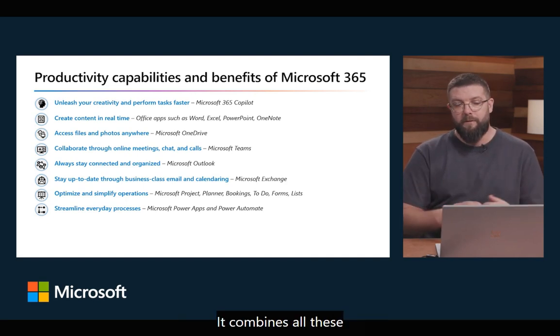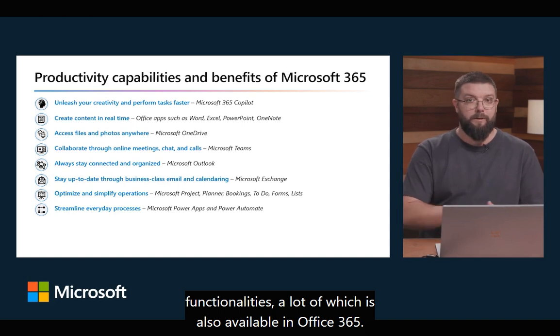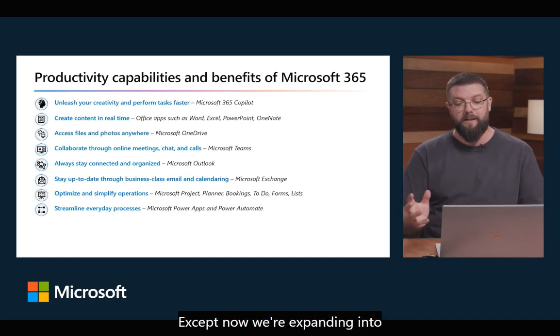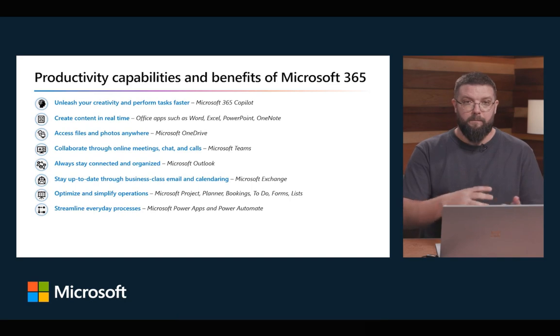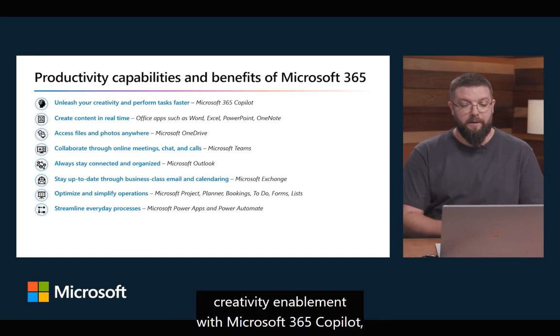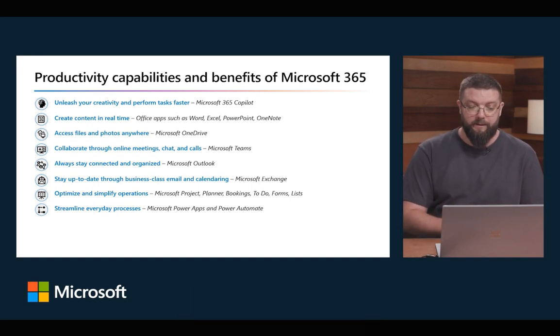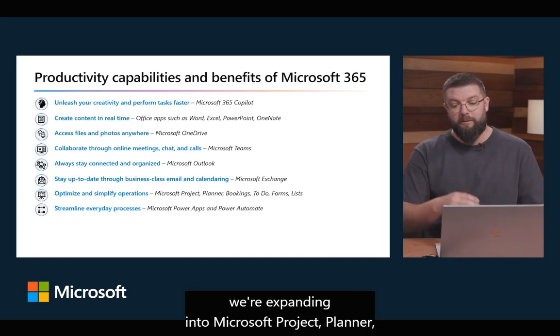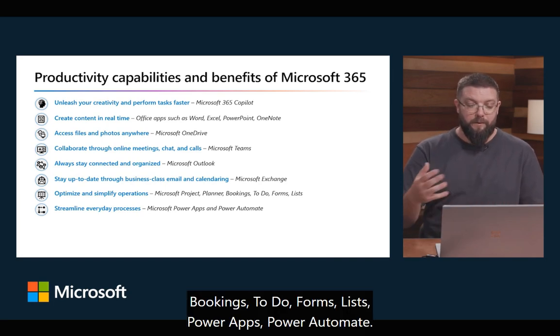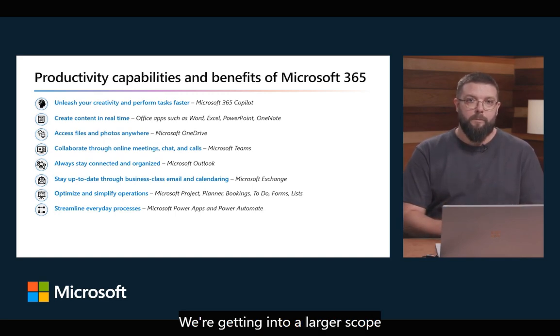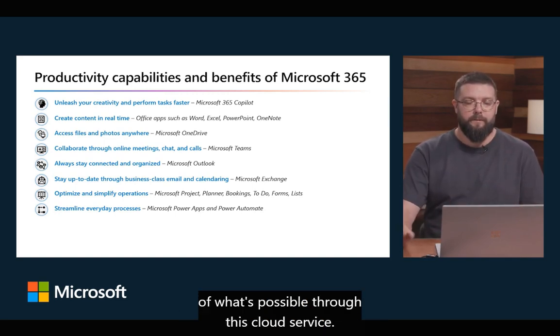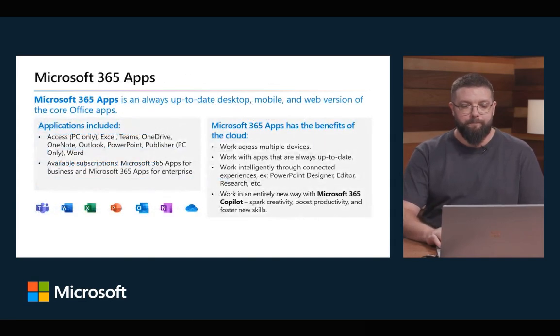It combines all these functionalities, a lot of which is also available in Office 365, except now we're expanding into creativity enablement, with Microsoft 365 Copilot. We're expanding into Microsoft Project, Planner, Bookings, To-Do, Forms, Lists, Power Apps, Power Automate. We're getting into a larger scope of what's possible through this cloud service.